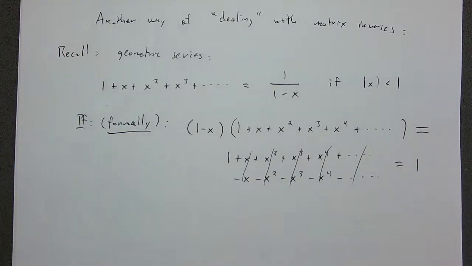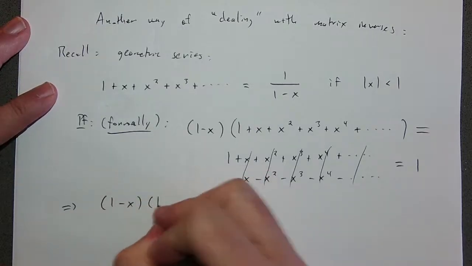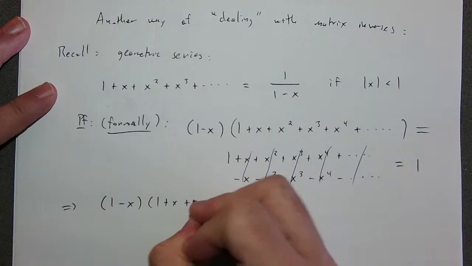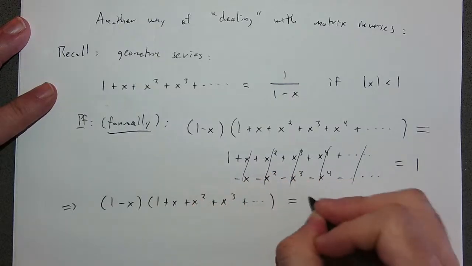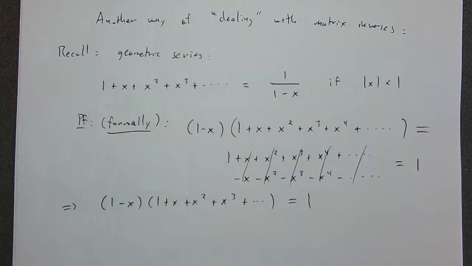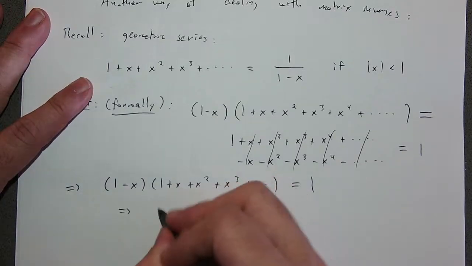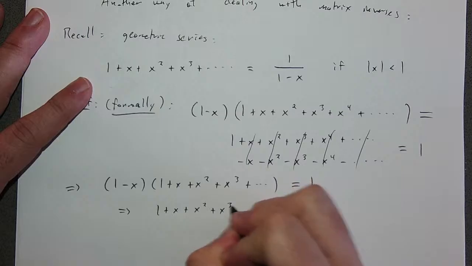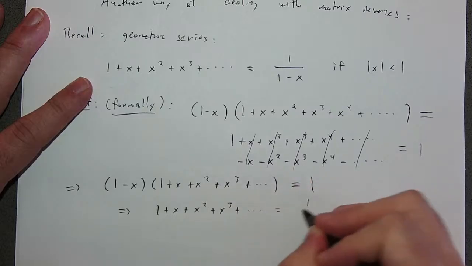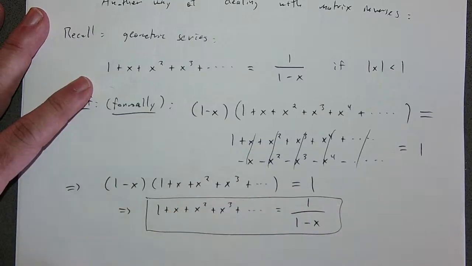Let's rewrite this equation that I just wrote. 1 minus x times 1 plus x plus x squared plus x cubed and so on is 1. Divide both sides by 1 minus x.